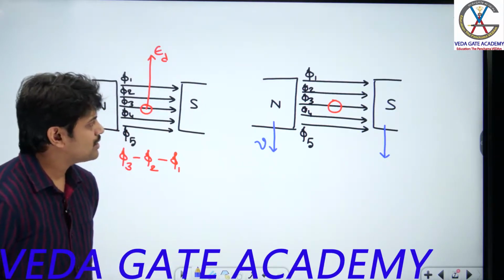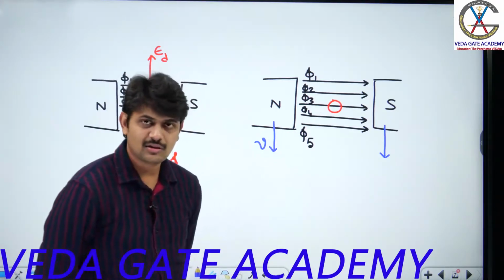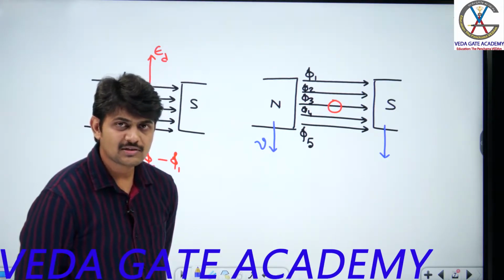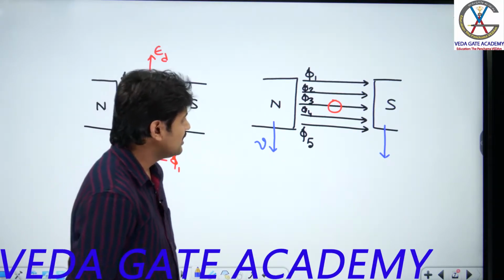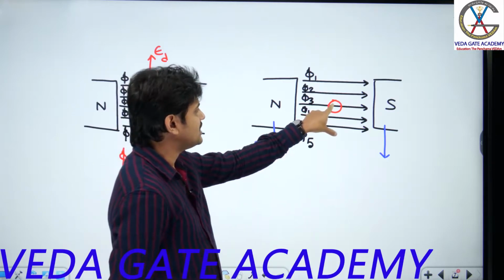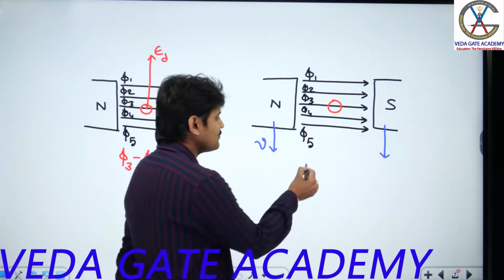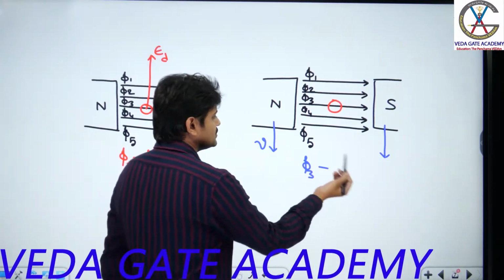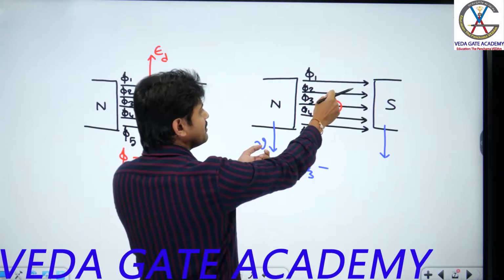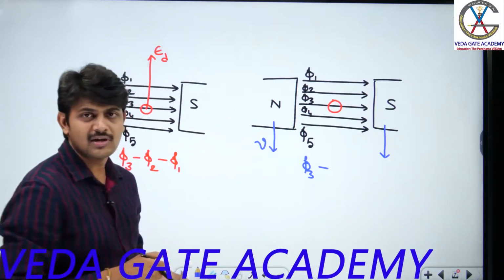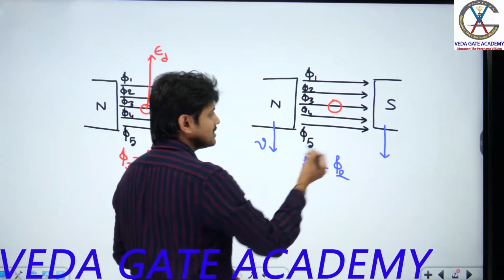The moment I move the magnetic field in the downward direction and keep the conductor at the same position, will I find any change in flux lines? Yes, of course I will. Can you tell me, initially at this position, my conductor is linking with which flux? Third flux, phi 3. After that, as the magnetic flux lines move downward, after some time the flux phi 2 is going to link with the conductor.